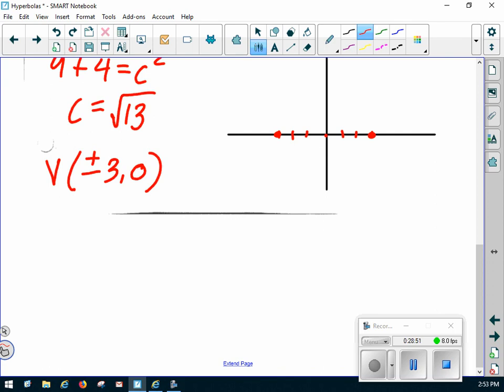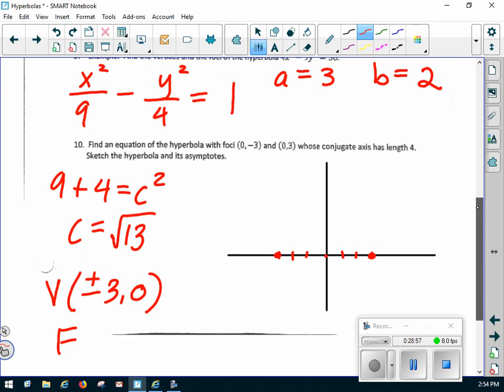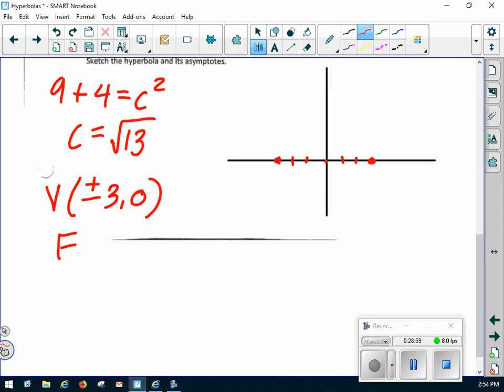Where are my foci? Think about it. We need to use square root of 13. Okay? Yes.